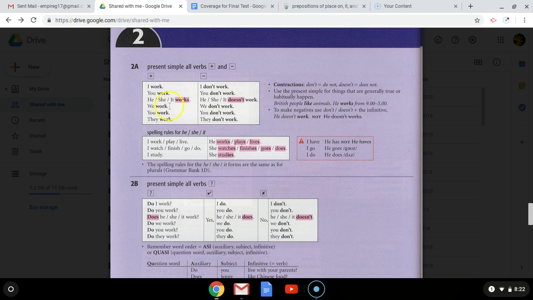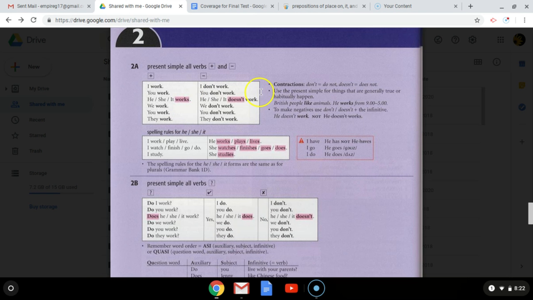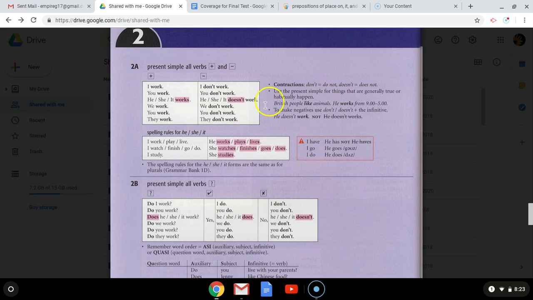We work, you work, they work. And then for the negative, all you have to do is to add don't or doesn't before the verb. So I don't work, you don't work, he, she, it doesn't work, we don't work, you don't work, and they don't work.